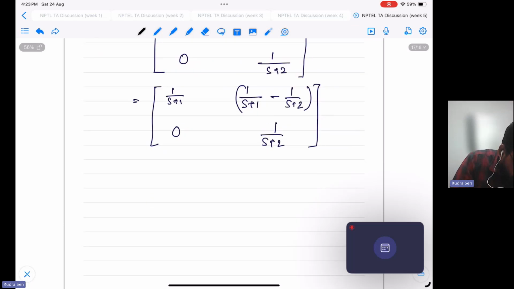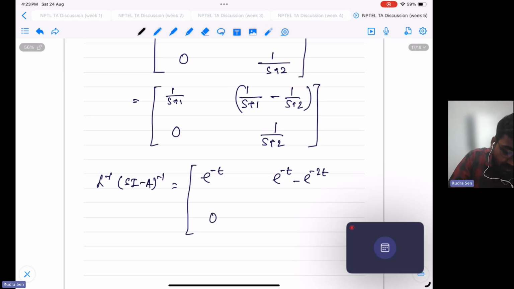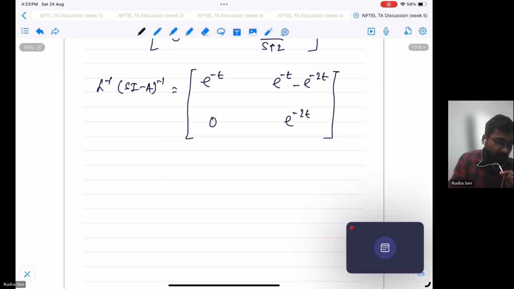If we take the Laplace inverse of (sI minus A) inverse, we get e to the power minus t, then e to the power minus t minus e to the power minus 2t, then 0, and e to the power minus 2t, right? Okay. So this is one term you get.